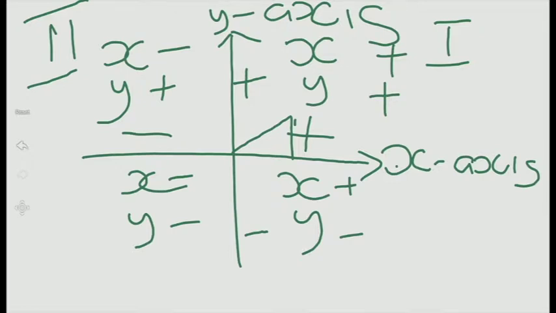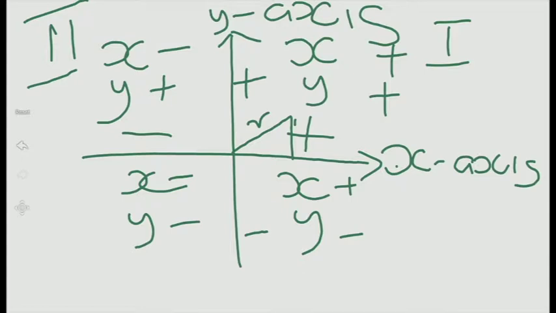We're looking at the first quadrant. The value of x is positive, the value of y is positive, and we're going to get the hypotenuse. We know that we get the hypotenuse from squaring the x value and the y value. So whether the x value and the y value are positive or negative, we're going to get a positive hypotenuse. So now we're going to call the hypotenuse r.